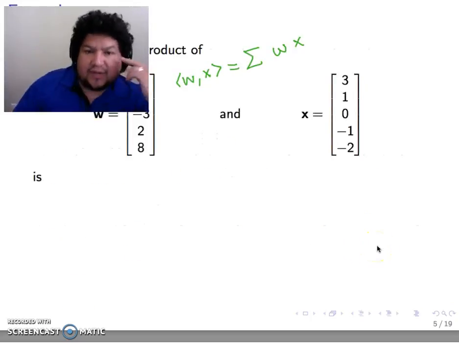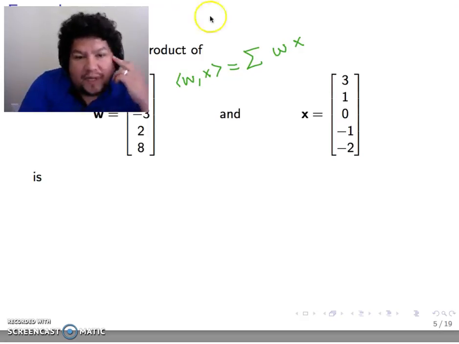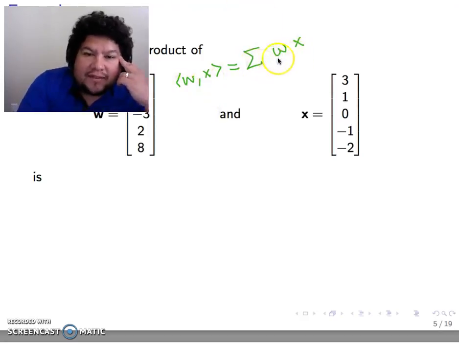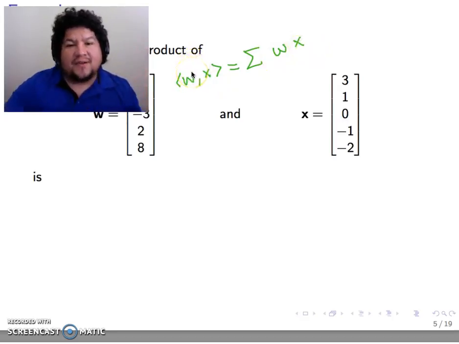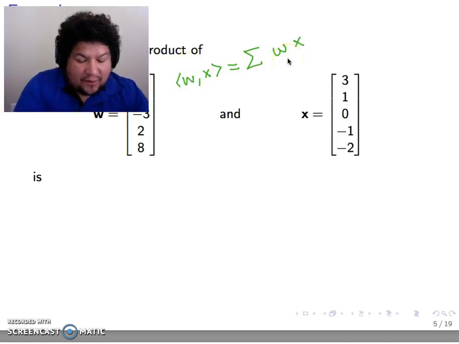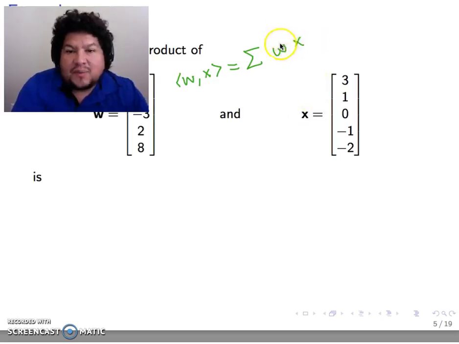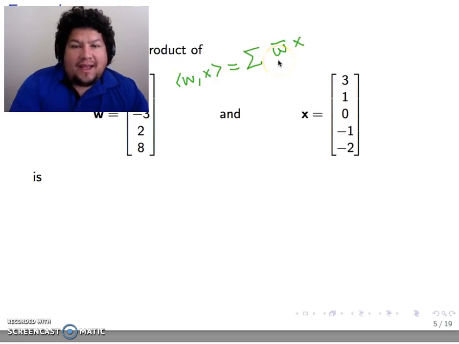So the definition of the inner product, say, between vectors w and x involves a summation of the parts, and you have to be specific here: the vector that appears first in the inner product is the vector that we list first in the summation, and that vector is the vector to which we apply the complex conjugate.